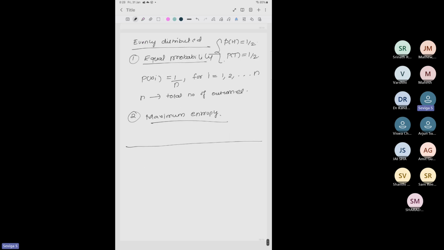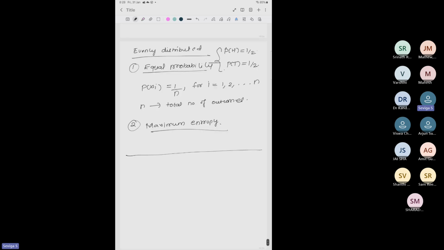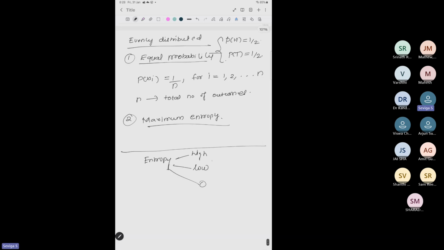So now let's go back to our entropy. We will interpret entropy. Entropy can be high, low, or zero. The amount of information or uncertainty present in an event can be high, low, or zero. When will we have high entropy?